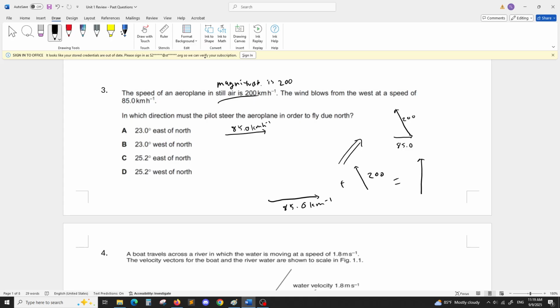So simply just glancing at the answer choices, it says of north, of north, of north, of north. So we should just calculate based on the north. We can simply redraw this as this. And then this is our angle.